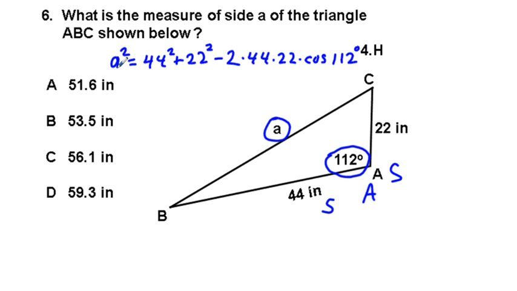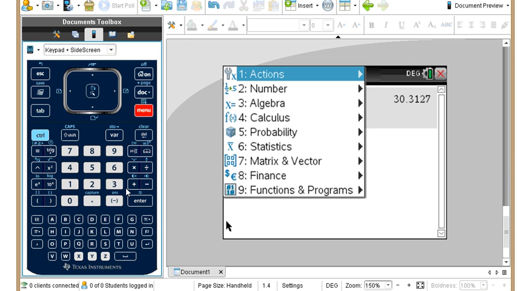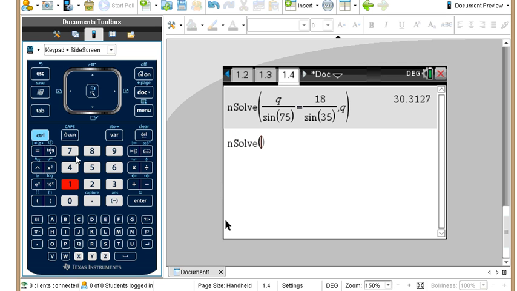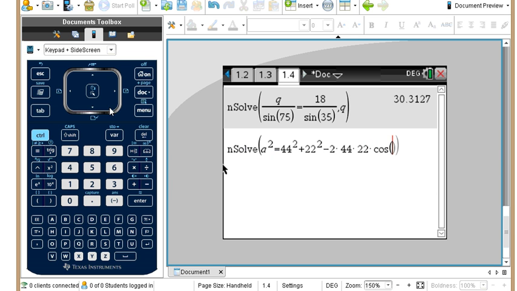So we're just going to go into our calculator, and we're going to use numerical solve again. Menu, 3, 1. We put in a squared equals 44 squared plus 22 squared minus 2 times 44 times 22 times the cosine of 112 degrees.